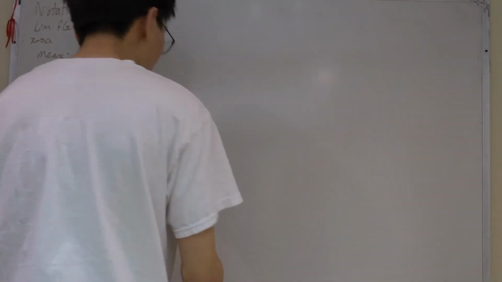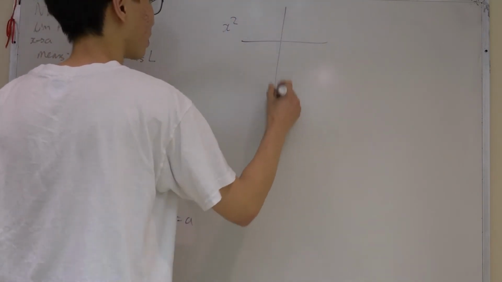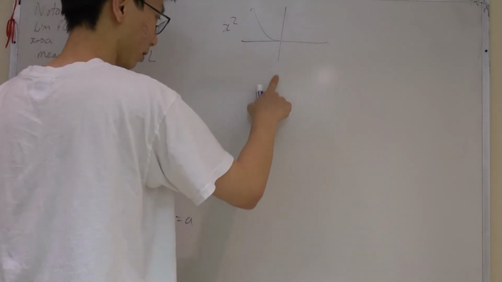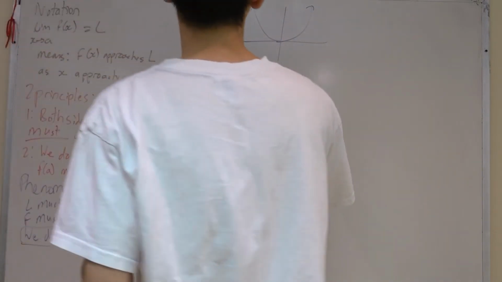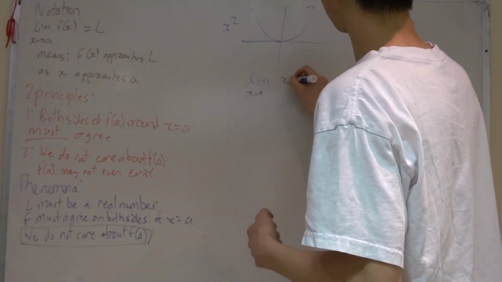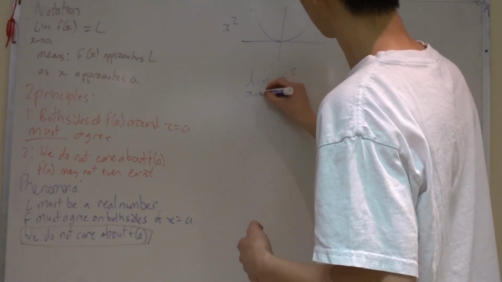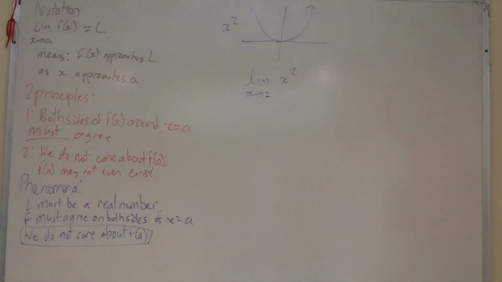And our special function is, of course, x squared. We're looking at y equals x squared, and I want to find the limit as x approaches 1 of x squared. Actually, let's make it more interesting. Let's do 2.